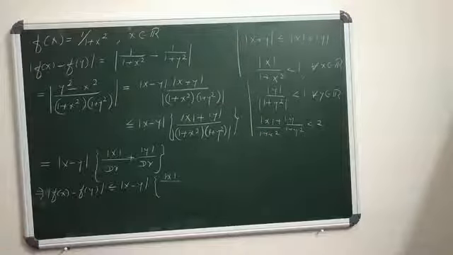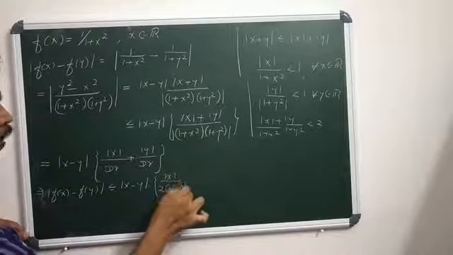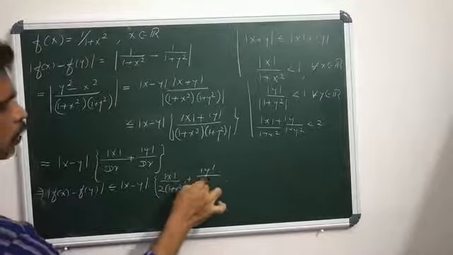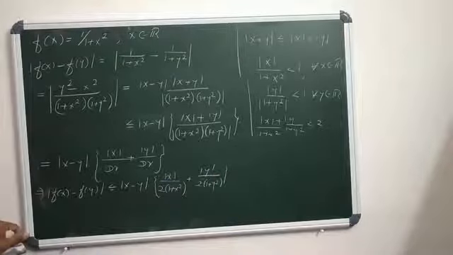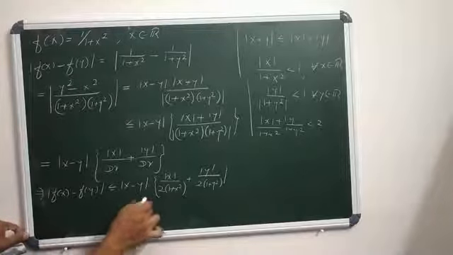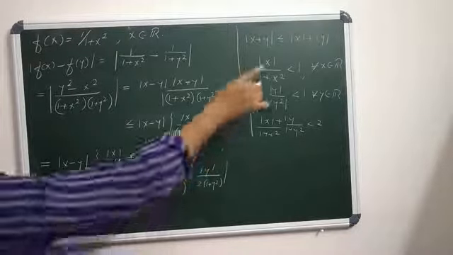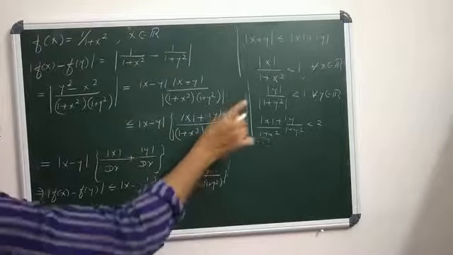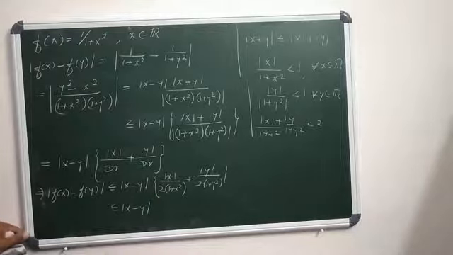But mod x by 1 plus x square is less than 1, and mod y by 1 plus y square is also less than 1. So mod x by 1 plus x square plus mod y by 1 plus y square is strictly less than 2. So finally it is less than or equal to modulus of x minus y.